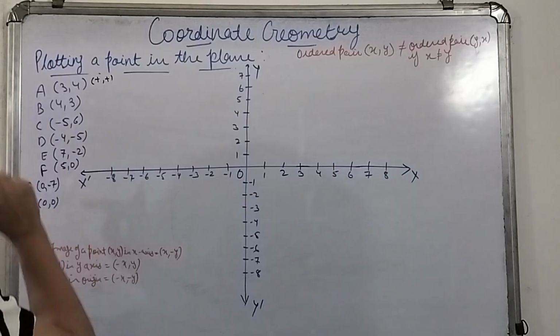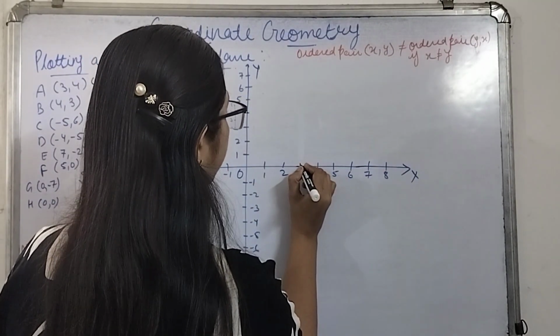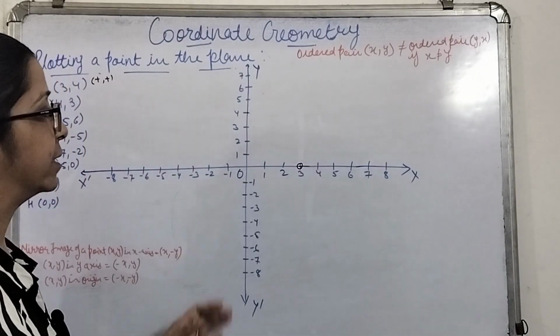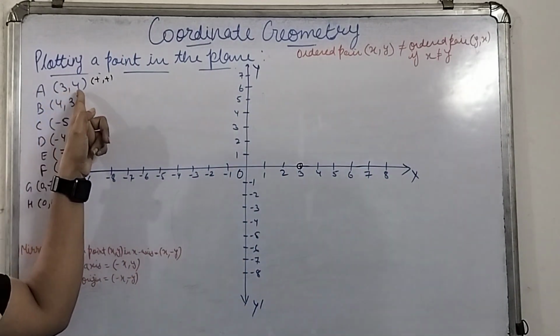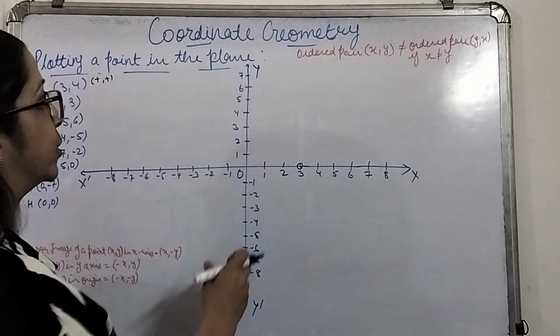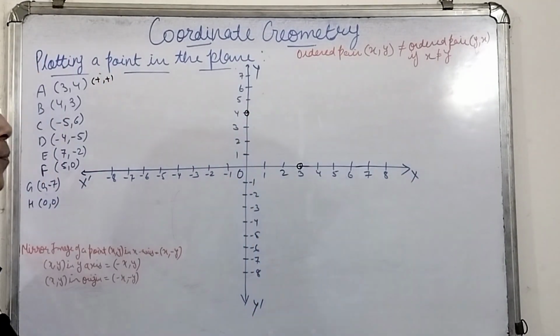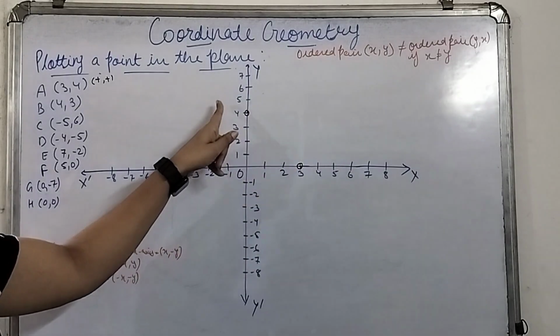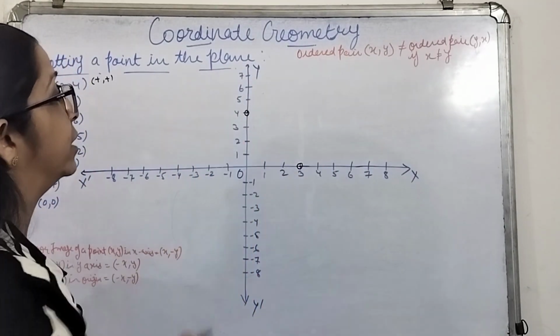Now see, the x-coordinate is 3. That means on the x-axis we will move to the point 3. Over here this is 3 on the x-axis, and on the y-axis it is 4, that is positive 4. So in the positive y direction we mark the 4. Over here this is 4. On the x-axis we have marked 3, on the y-axis we have marked 4.